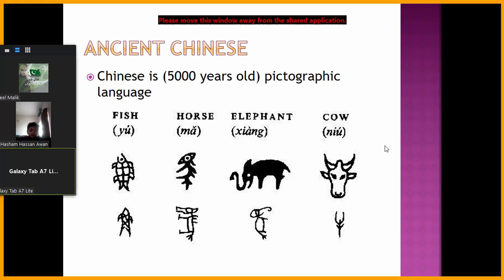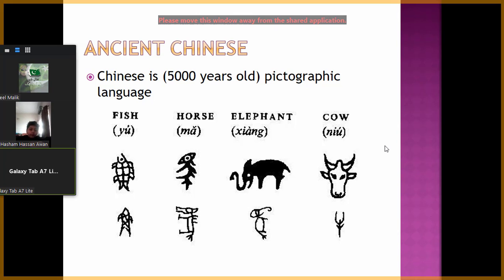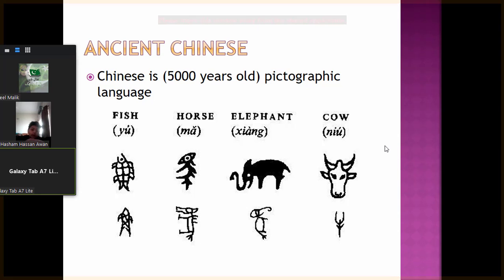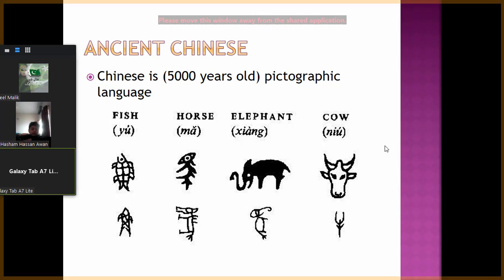Because now the language we are studying all over the world, which is called Mandarin, is called simplified Chinese, right? So even in the United Nations or all over the world, the Chinese which has been taught to all the nations is called simplified.